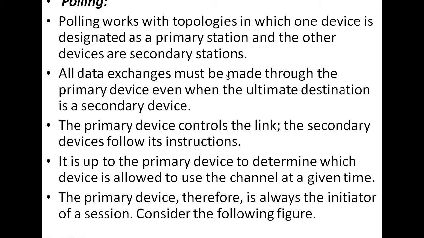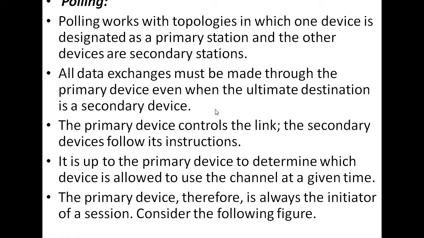All data exchanges must be made through the primary device even when the ultimate destination is a secondary device, because here two ends are present. One end is known as the source end and the other end is known as the destination end.